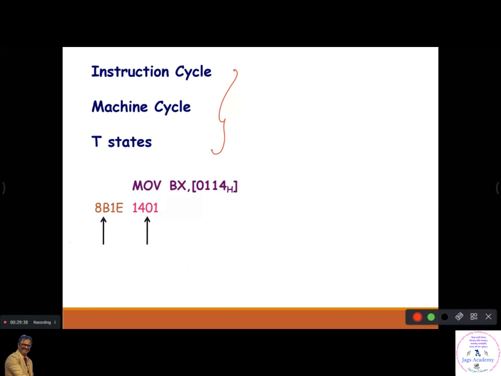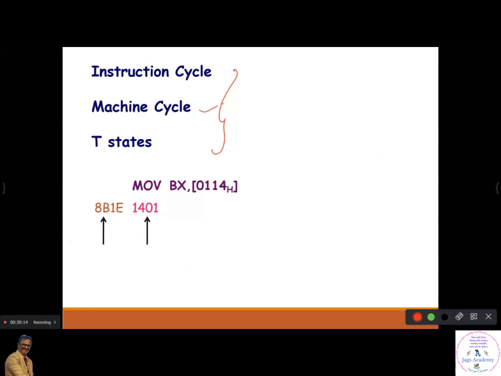Can you tell me the different phases of instruction execution? We have seen it in the first chapter. Fetch, decode, and execute. Yes or no? Very good. Some of you remember it. The time taken to fetch, decode, and execute, all together, is called the complete instruction cycle. That's called the instruction cycle.